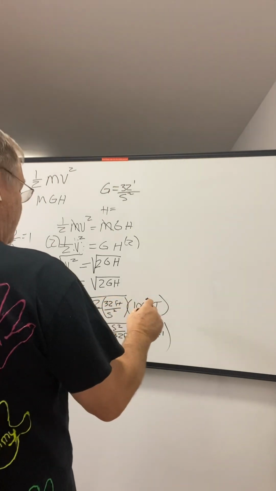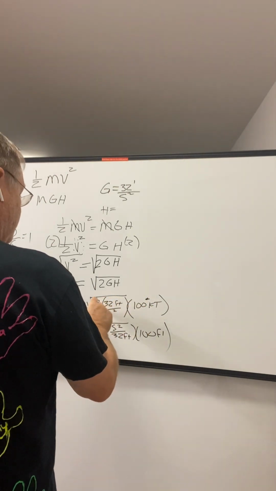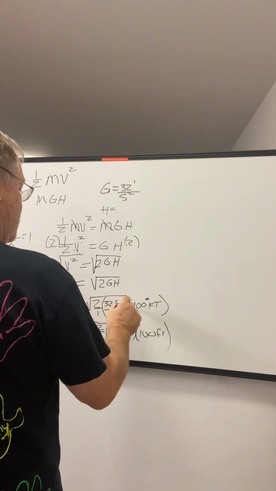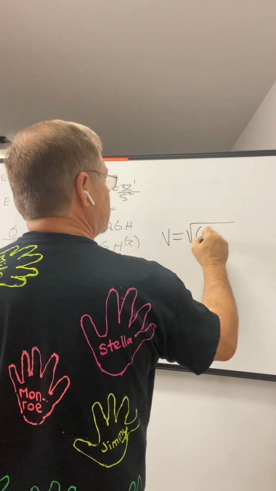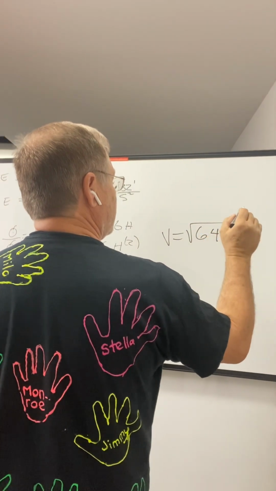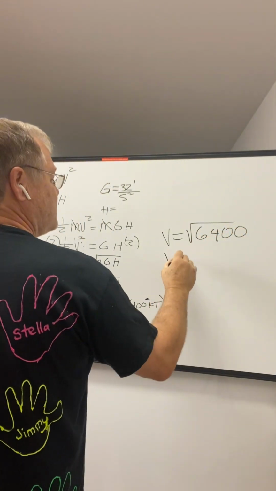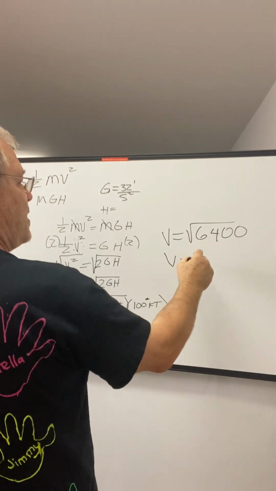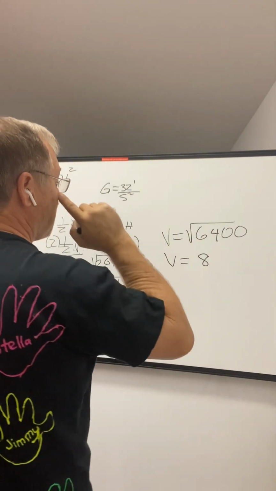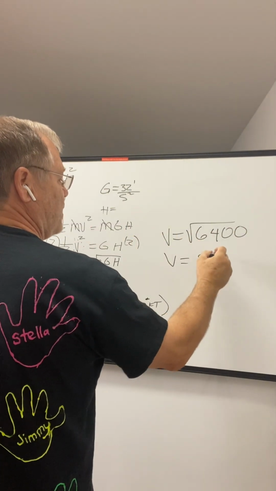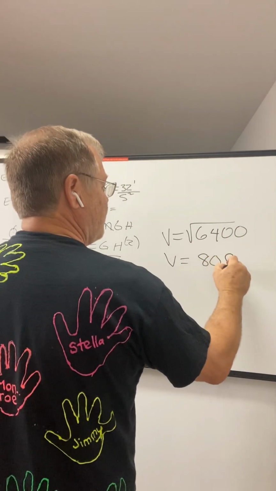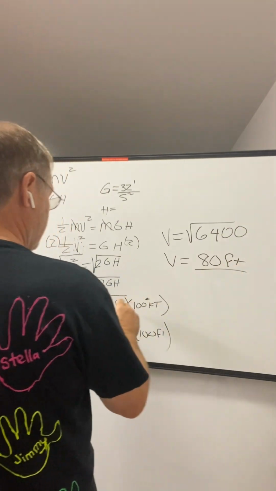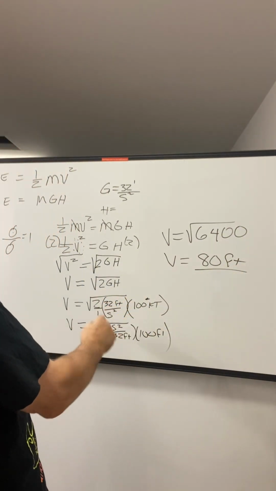If we have the calculator, we go 2 times 32 times 100 is 6,400. So the velocity equals the square root of 6,400. So velocity equals 80, because we come down here, feet per, and of course we have second squared.